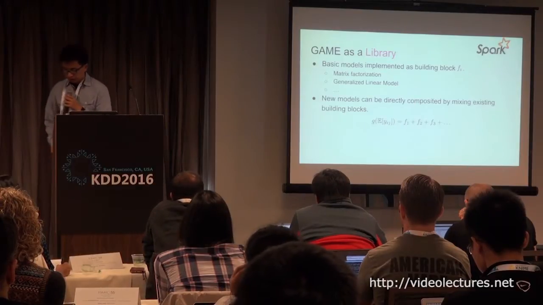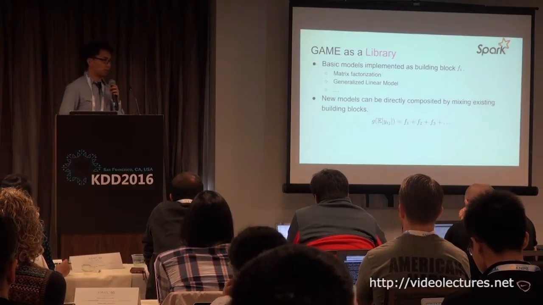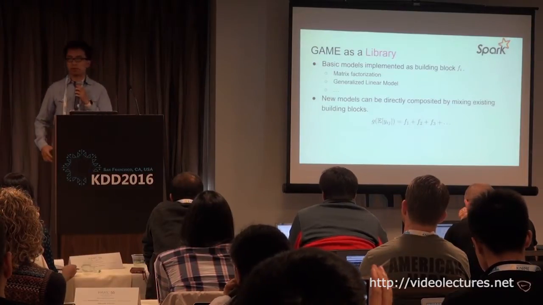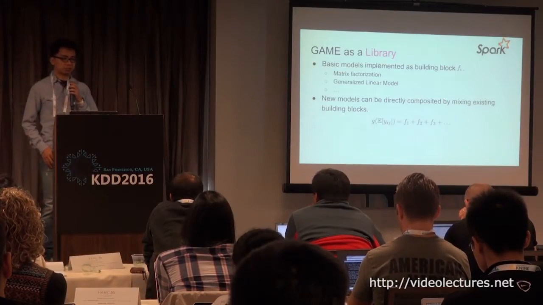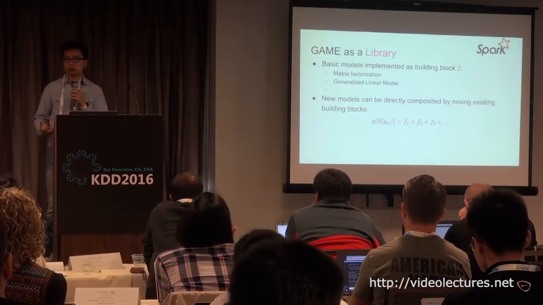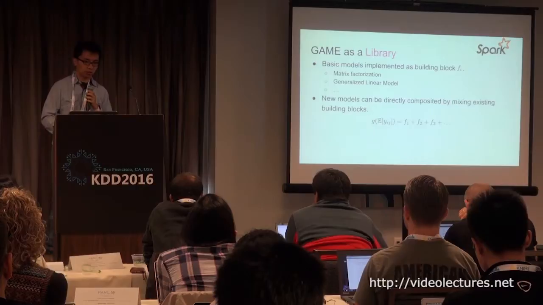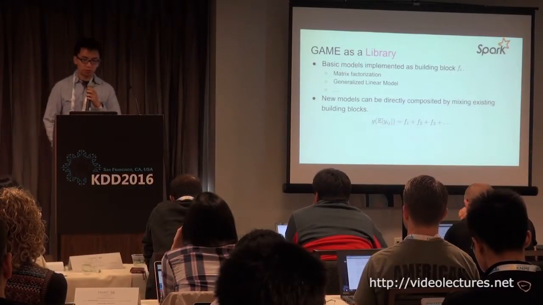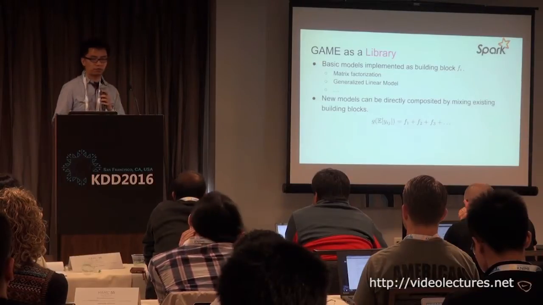With this in mind, we move to the third viewpoint of GAME. GAME is a library, because even if we can always publish research papers on different algorithms, it won't be that useful in industry if you don't provide a library that people can directly use in their production systems. GAME is built on top of Spark.